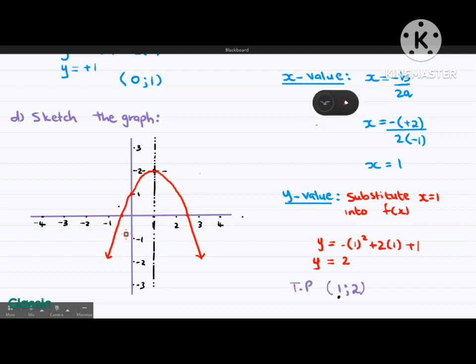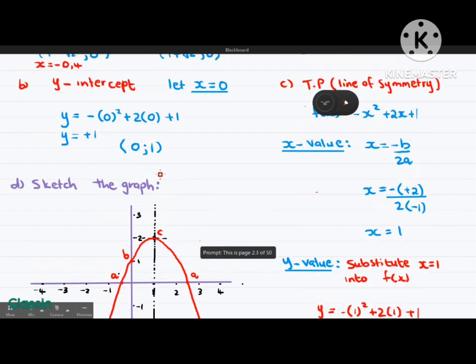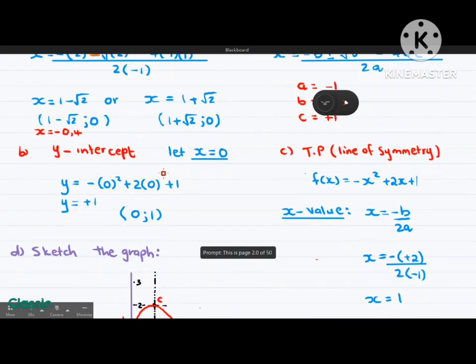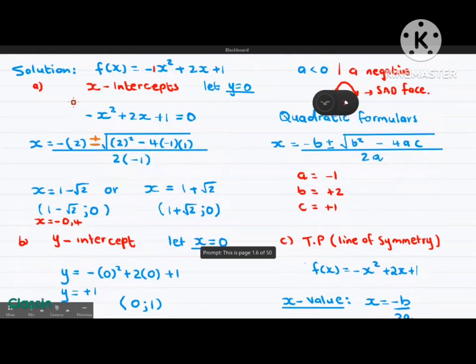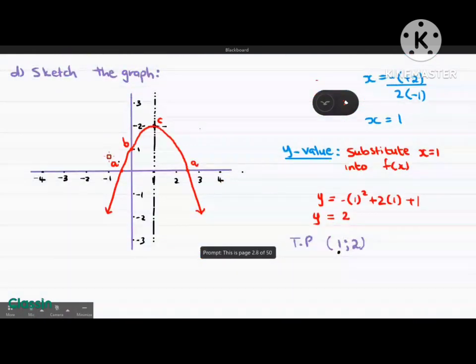So this is the answer for number A, the answer for number B, the answer for number C. If you go back and check, you'll notice that question C was about the turning point, question B was about the y-intercept, and question A was about the x-intercept. So all the values that we have are displayed there.